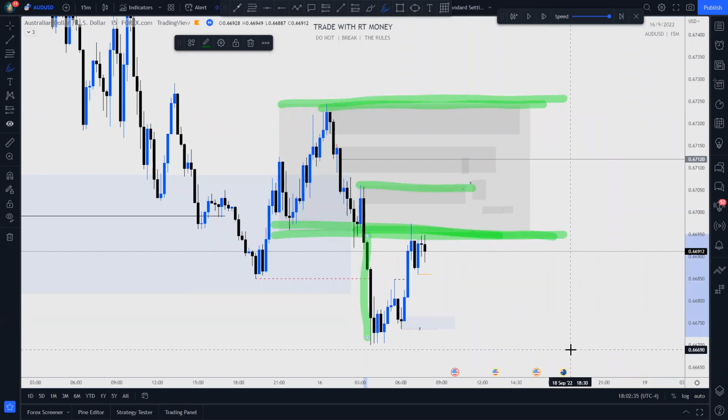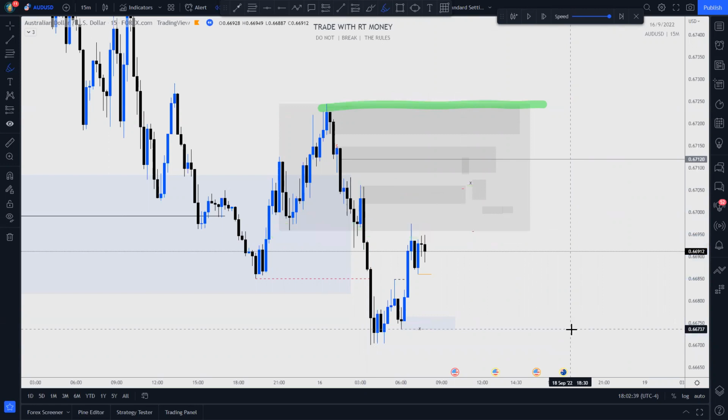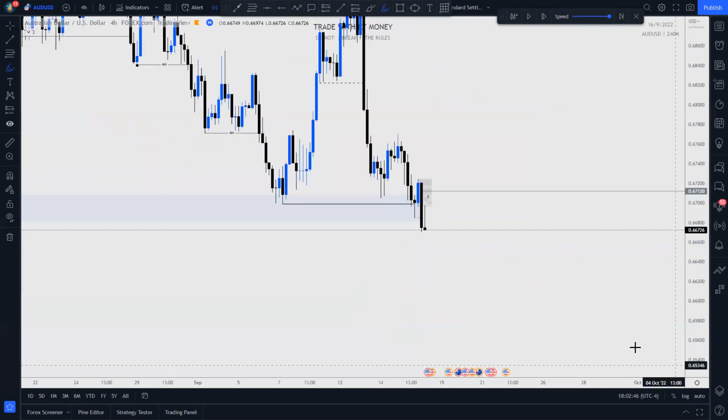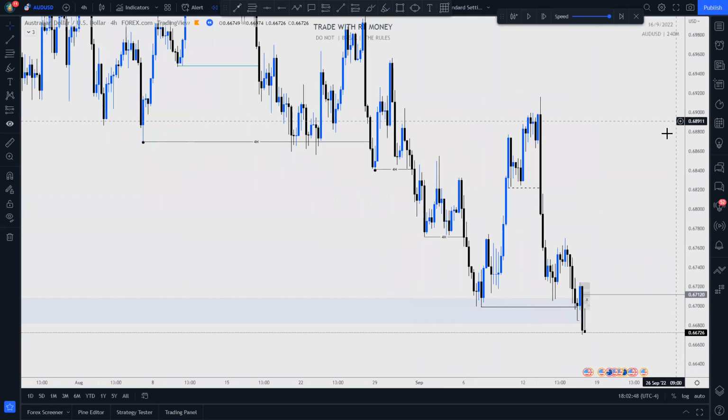All right, my bias is already chosen by the time I get to the 15-minute zone. If you just take one quick glance at the 4-hour, it will tell you that we are in a very bearish market, with lower lows and lower highs. We did get a nice pop here. We have a big old news candle, right?